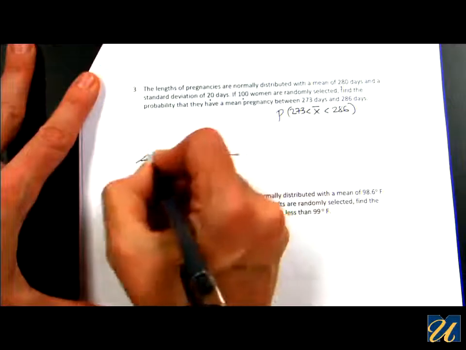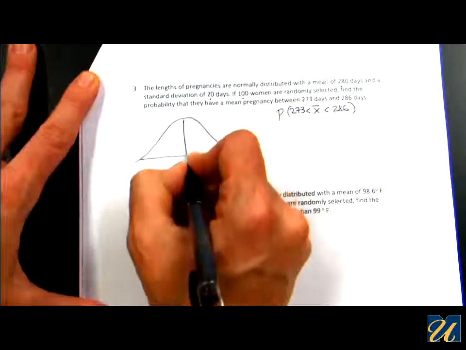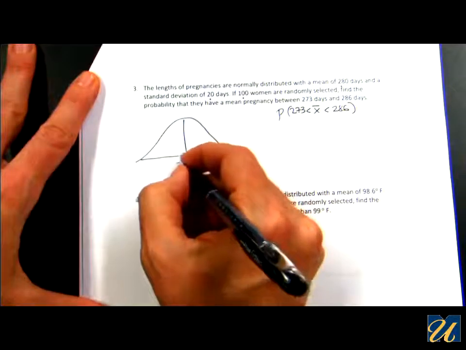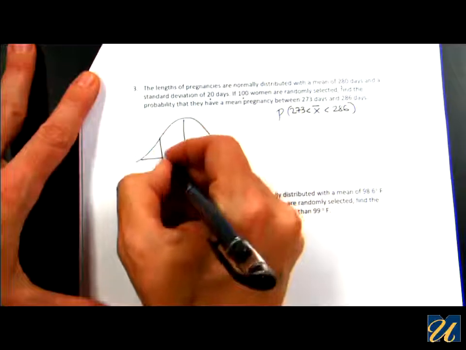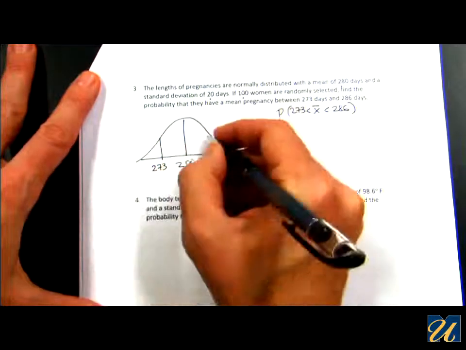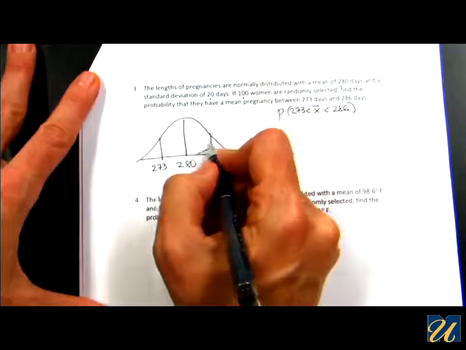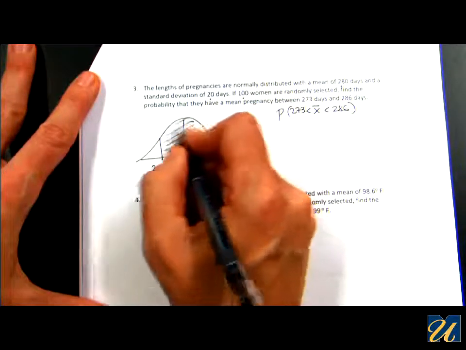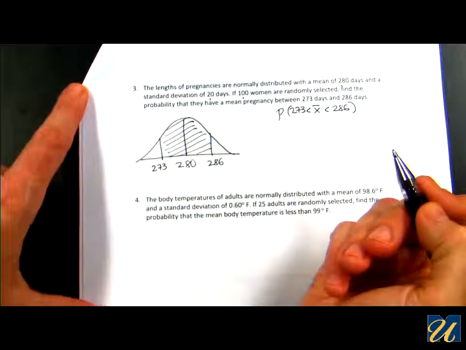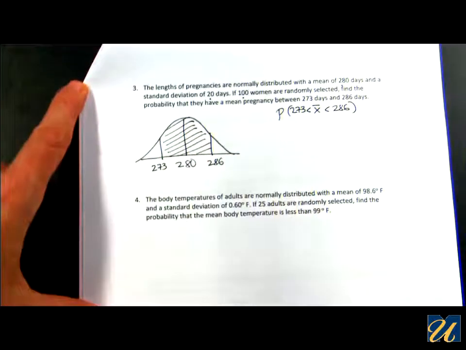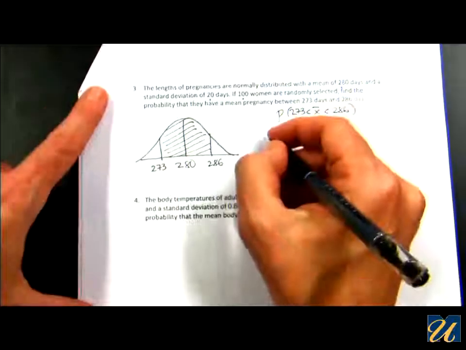Let's draw the normal curve. Mu x bar is the same as mu, 280. 273 is to the left of the mean. 286 is to the right of the mean, and I'm looking for this area, the area between these two values. We have two values. We need to calculate two z-scores.